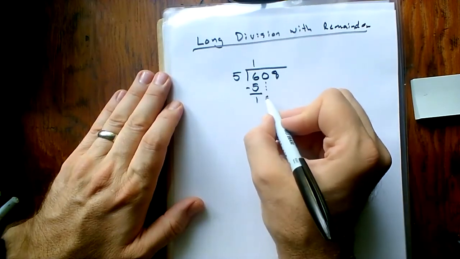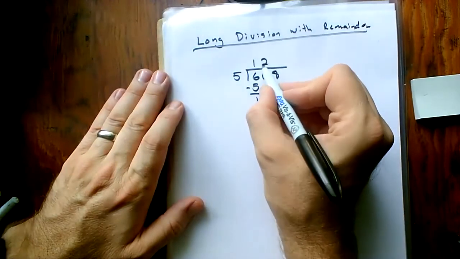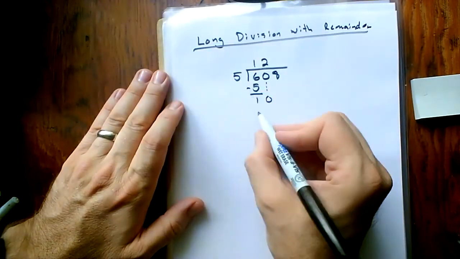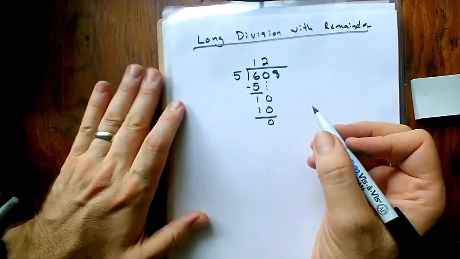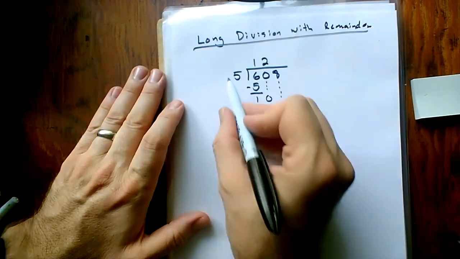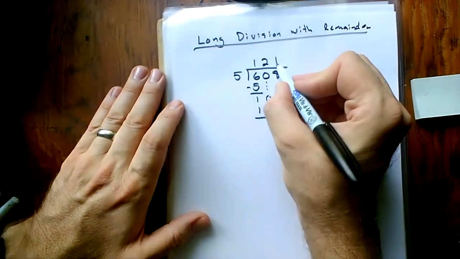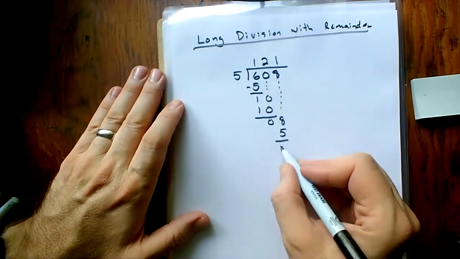Let's bring this 0 down. 5 will go into 10. That looks like it goes in there 2 times. 2 times 5 is 10. So I've got a remainder of 0. That's nice. Let's bring down this last number, 8. 5 will go into 8 one time. 1 times 5 is 5. I've got 3.